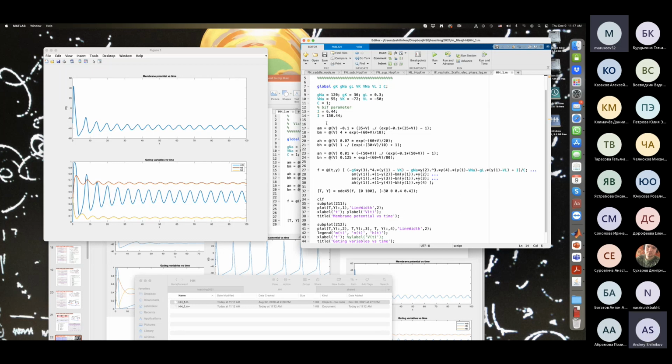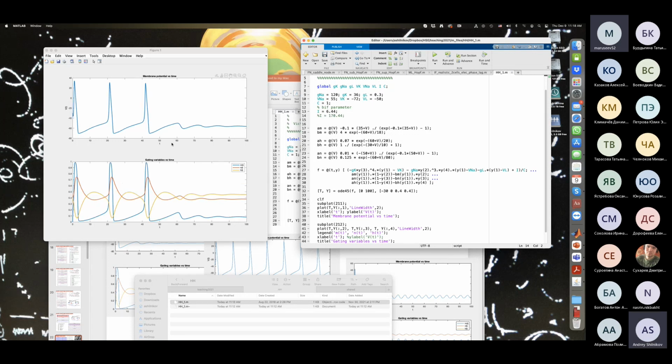If I make this number crazy enough, 170, the current, then as you can see, this level is above negative 40, whereas if I make the current lower than the initial value, that level is negative, close to negative 60, which basically means that the cell has potentially 2 steady states at different current values.